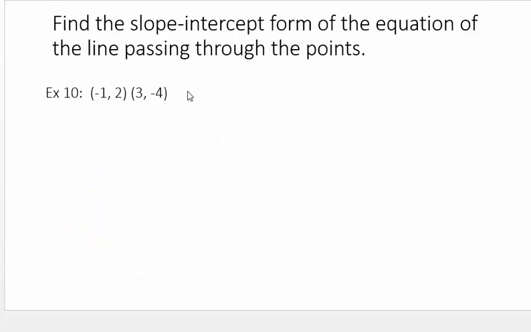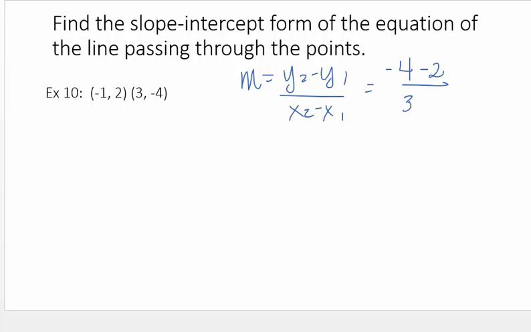Let's try one last one. It has all the elements of this week in it. Find the slope-intercept form of the line passing through these points. m is your slope. So if I need to calculate that, I'm going to say negative 4 minus 2 over 3 minus negative 1.